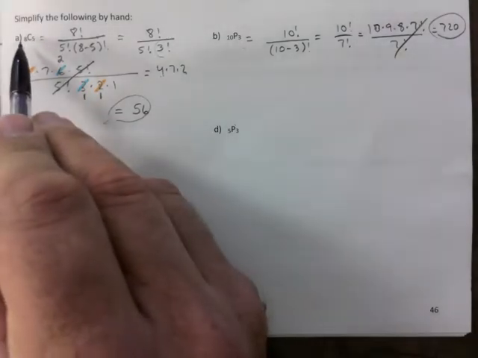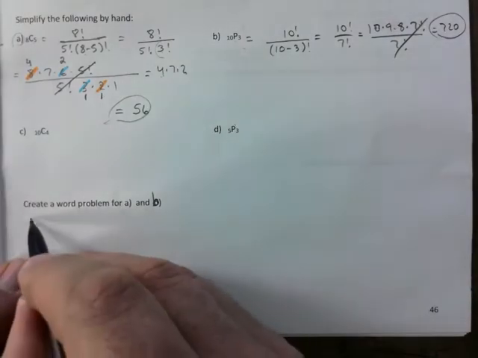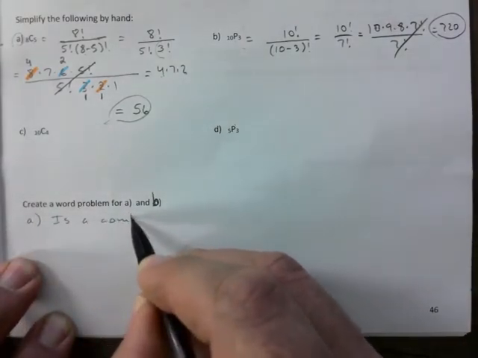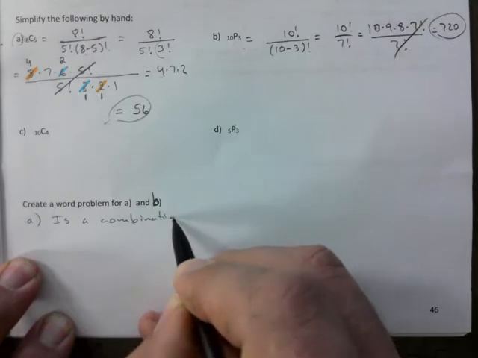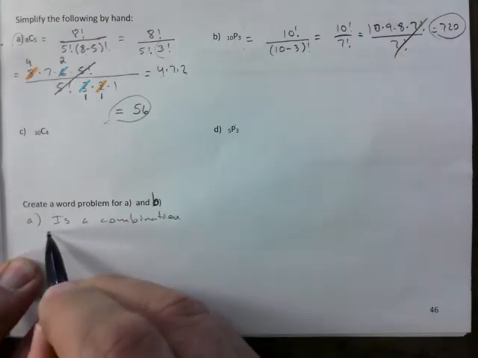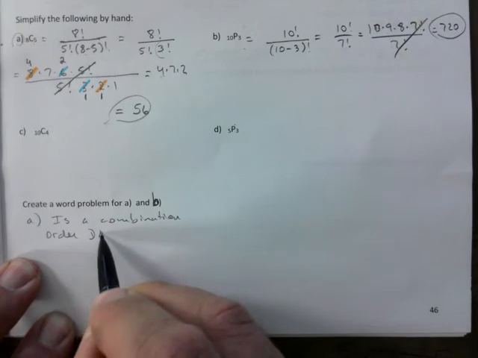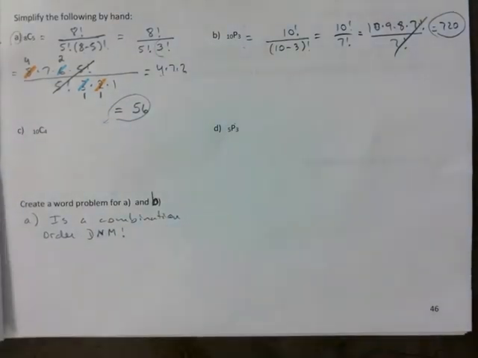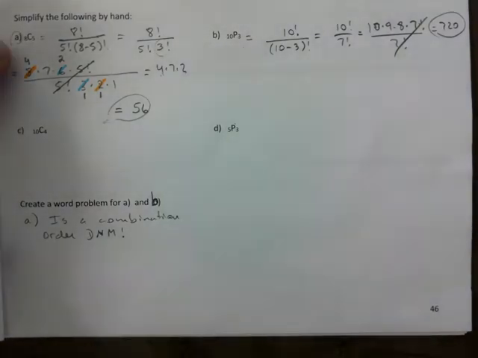So for A, right, A is a combination, right? Order does not matter, okay? So when you make your word problem, you'll say something like this.